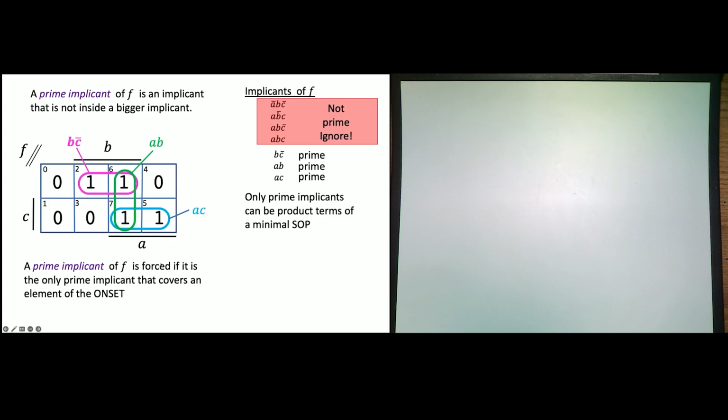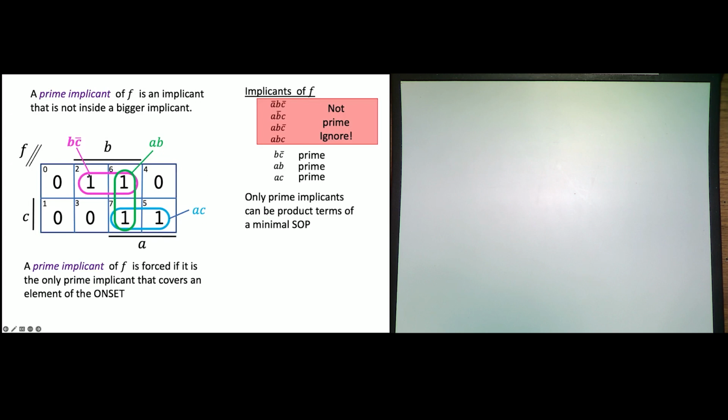Well, the first step is identifying the prime implicants that are forced. If a prime implicant is the only prime implicant to cover a particular cell, then we have to include it because there's no other choice. We have to have that prime implicant in our expression.